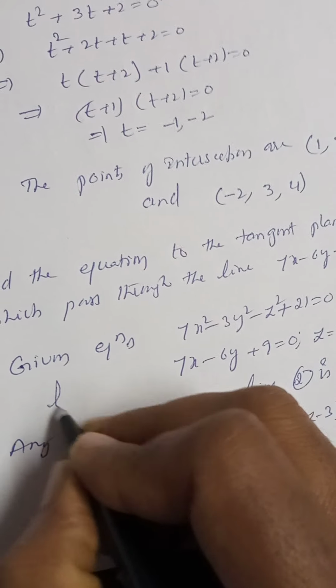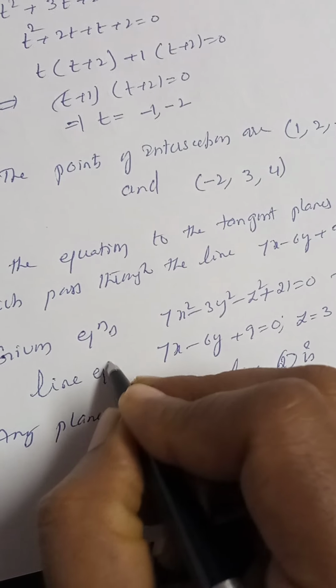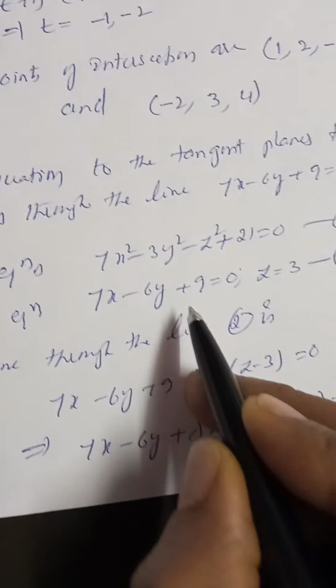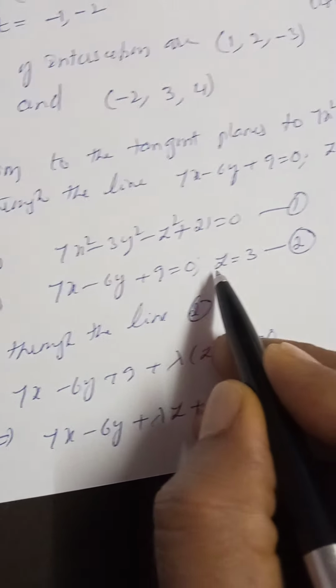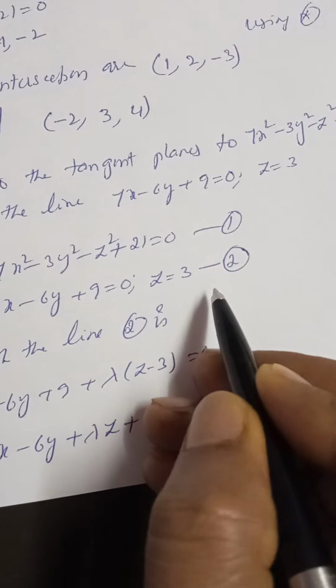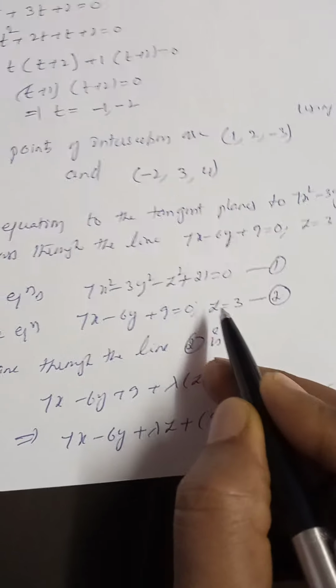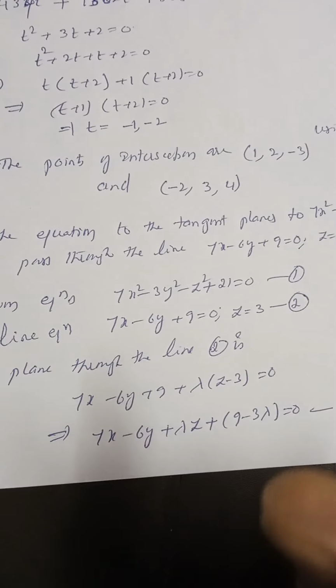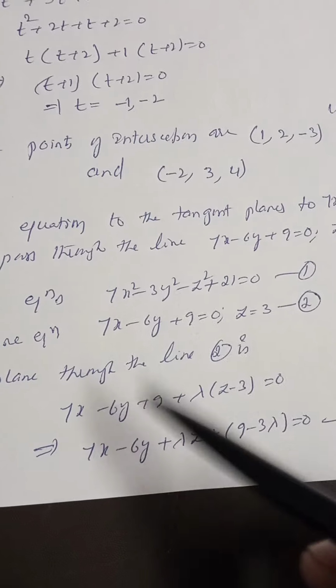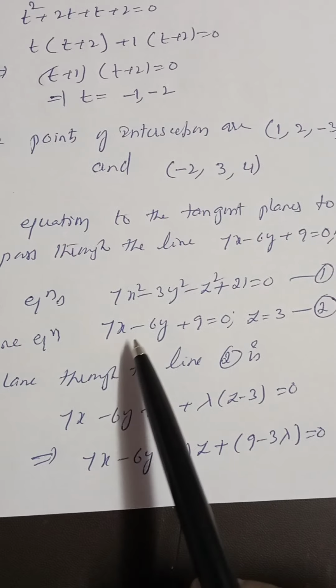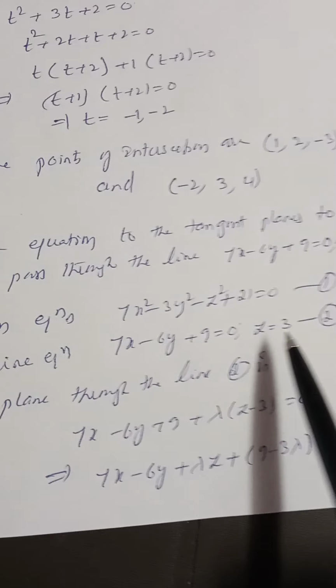See, it is called a line equation, right? Line equation means this is a first degree equation in xyz, comma another first degree equation in xyz. This represents a line. Two planes put together represent a line. This is the equation of a line in unsymmetrical form.